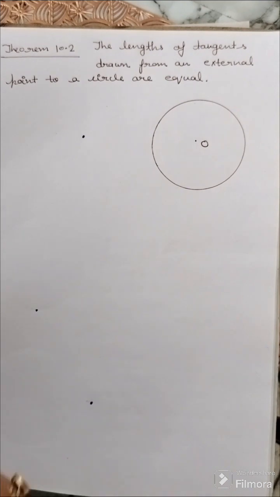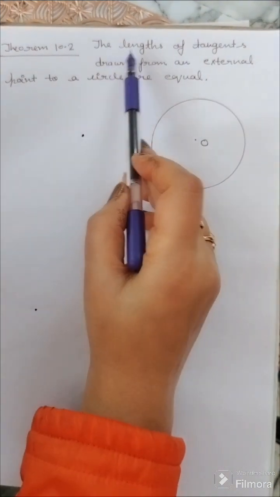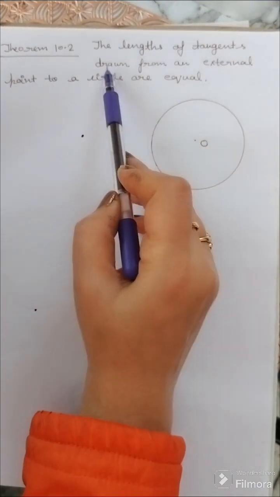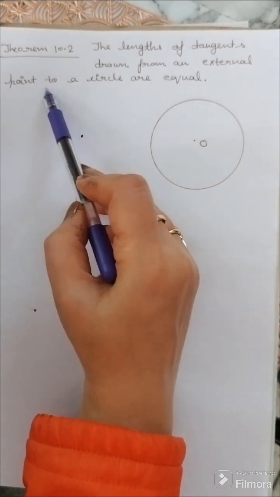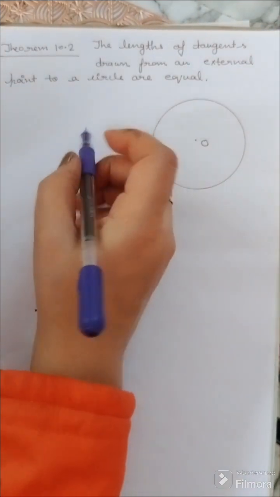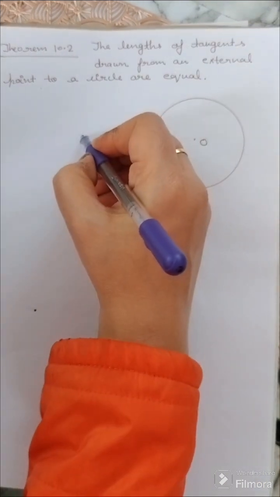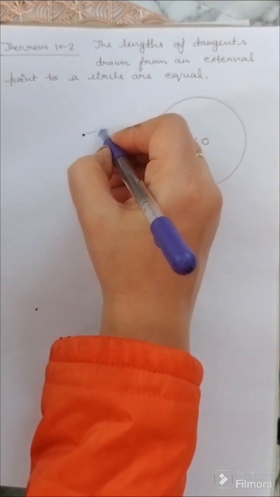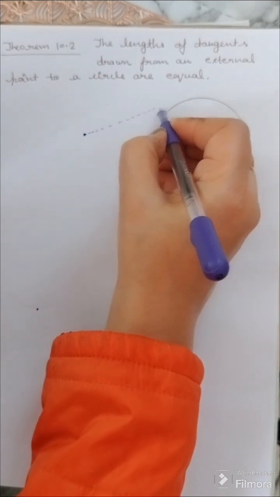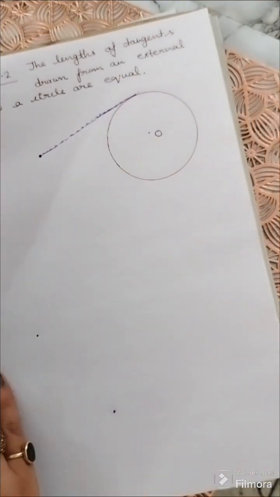So now this is the next theorem, which says that the lengths of the tangents drawn from an external point to a circle are equal. In the last case, we saw that from the external point we can draw only two tangents.